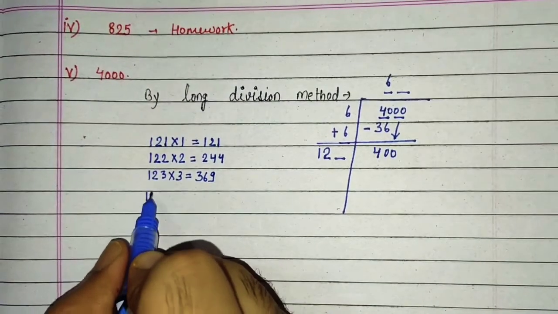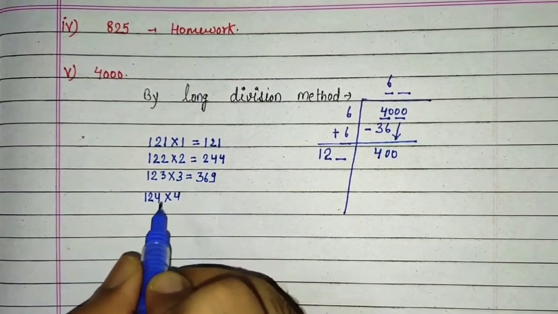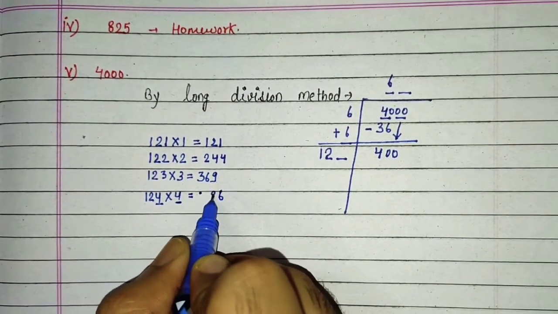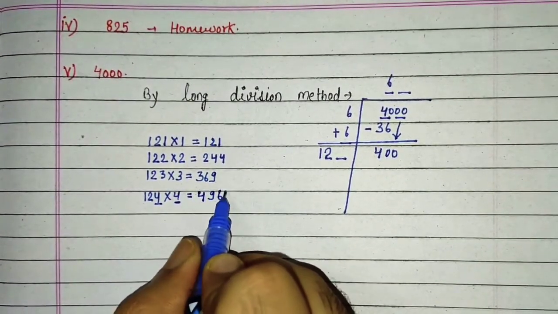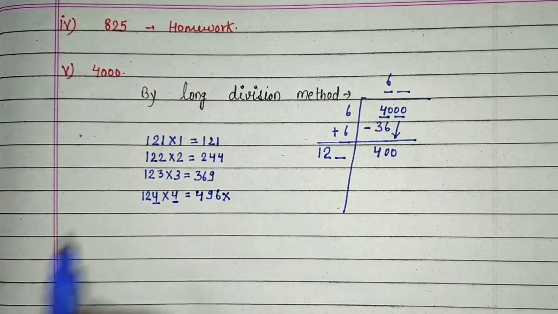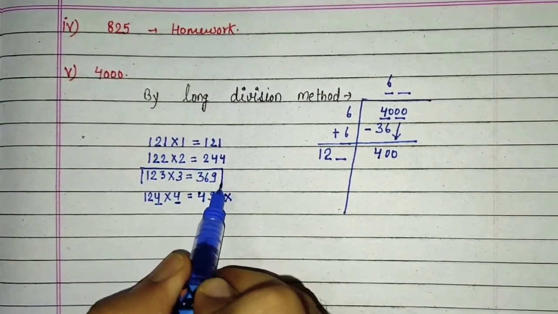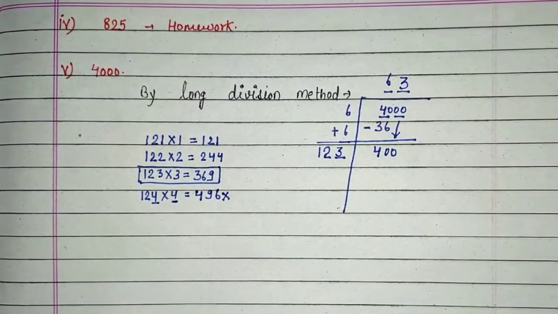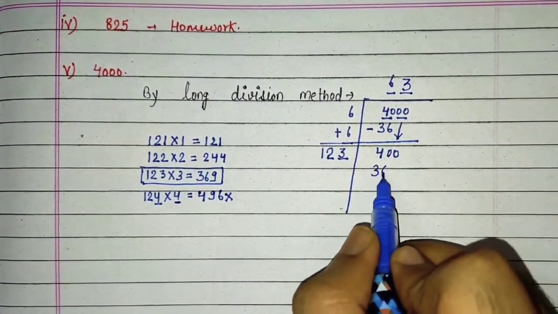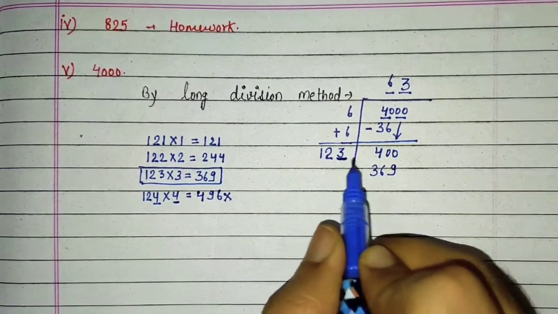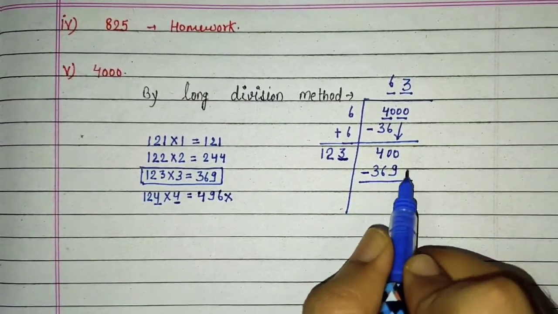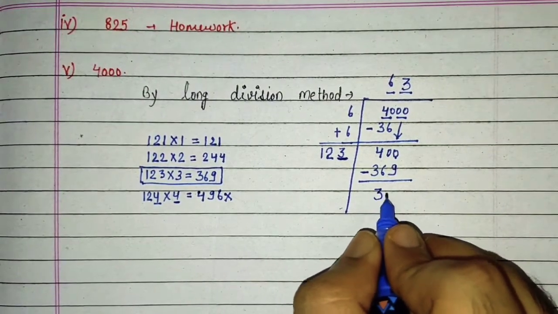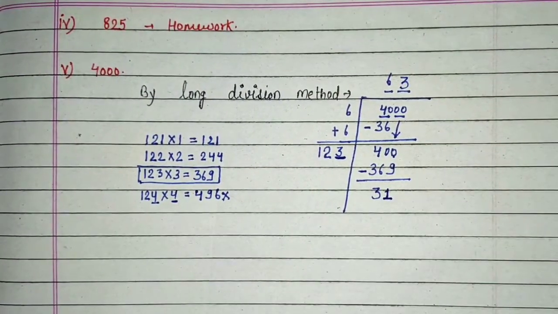If you check with 4, then multiplied with 4, 496, that is much greater, so we will not pick this one. Our answer is this: the digit is 3 and here also 3, because we have to choose that number which gives a multiplication exactly equal to or less than. So 31 is the remainder.